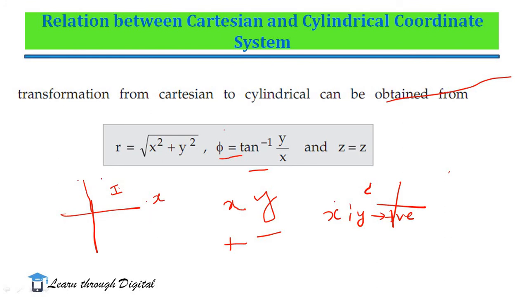This is x and this is y, so it is lying in the first quadrant. Therefore phi is positive. If x is negative and y is positive, then the point is in the second quadrant. This is the second quadrant. That means x is negative, y is positive in this case.